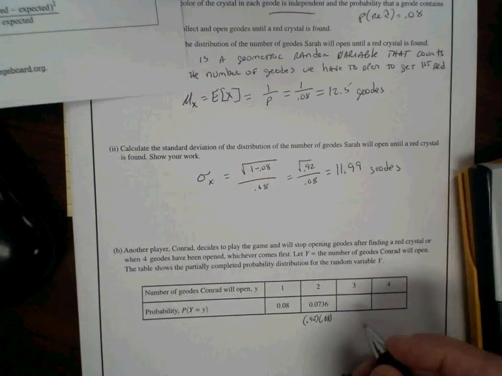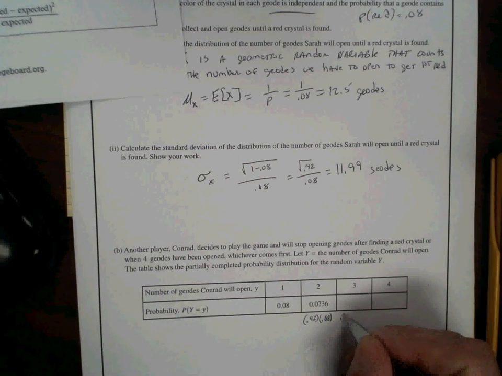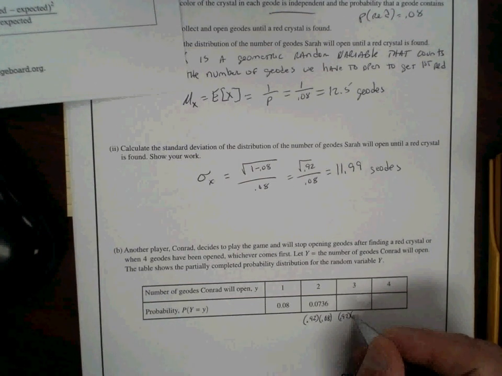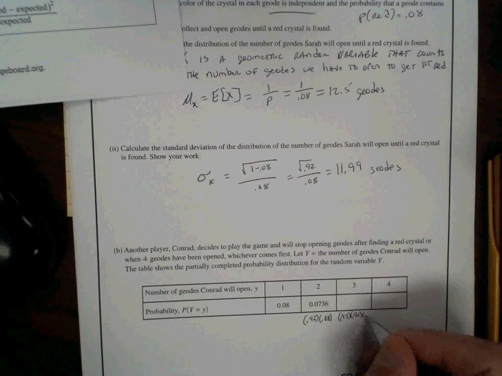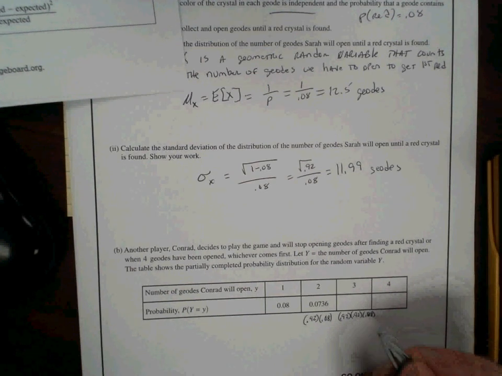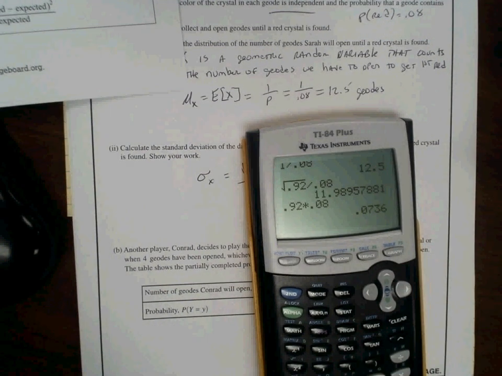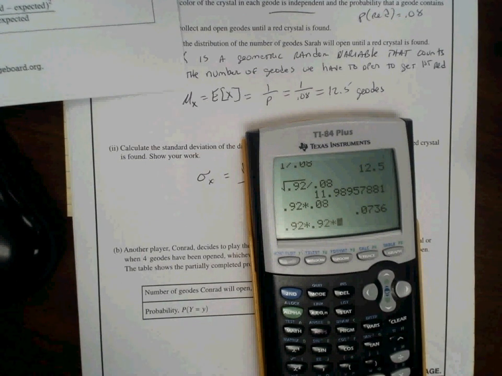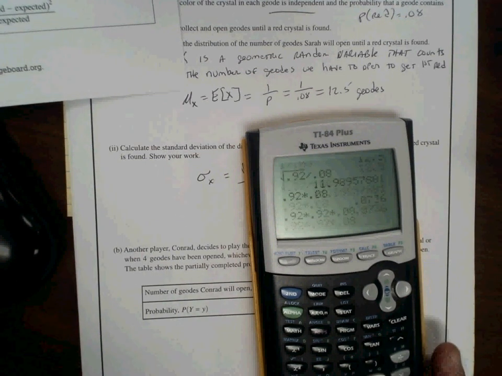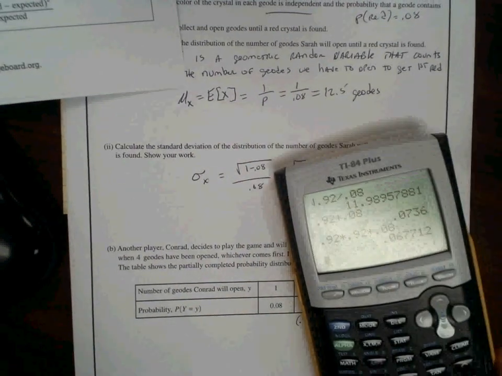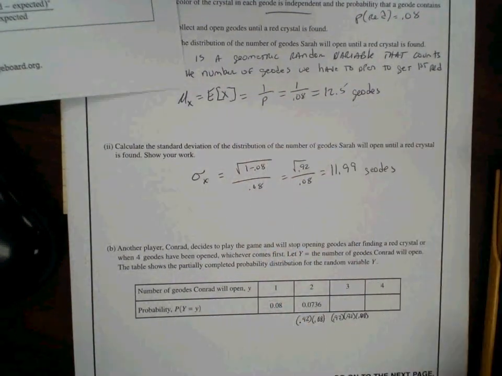And to get the third, we would get 2 non-red, then 1 red, 0.08. So we're going to do 0.92 times 0.92 times 0.08, which is 0.067712.